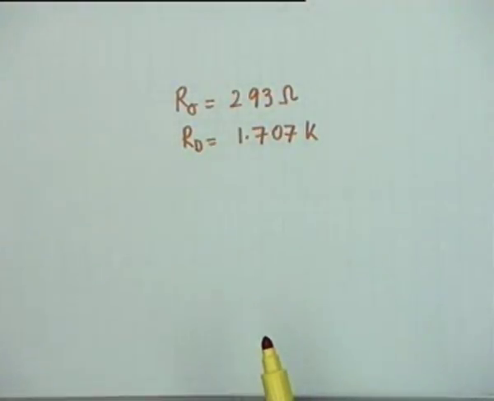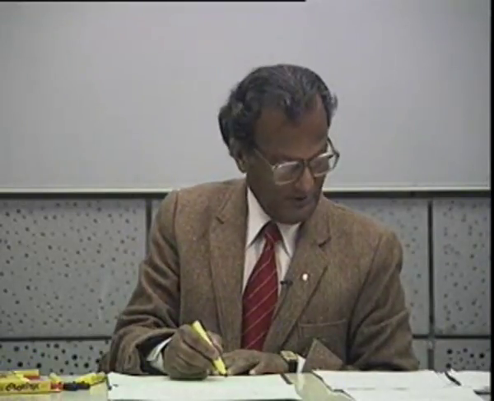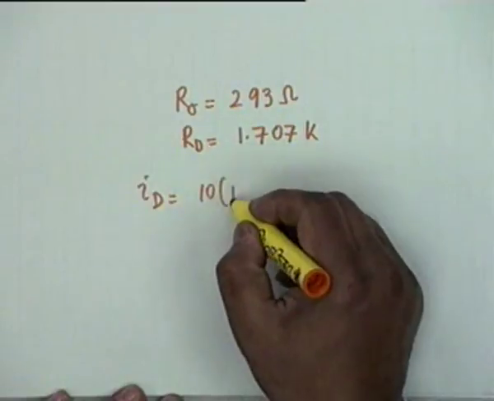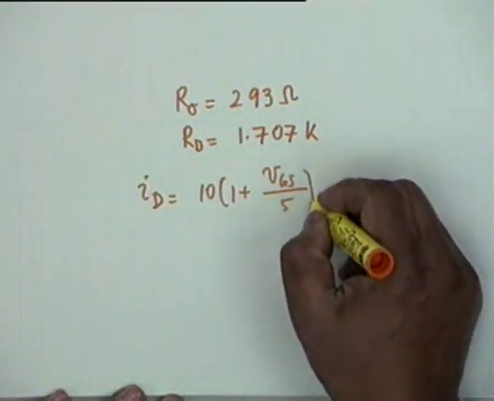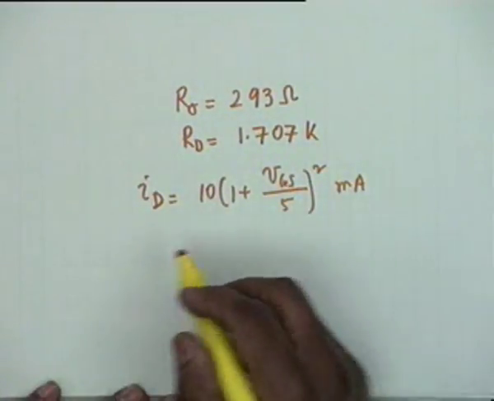Now the later part of the question says, illustrate your answer by sketching a load line on a set of ID versus VD characteristic. So we go back to this relationship, ID equal to 10 times (1 plus VGS divided by 5) whole squared milliampere. And we draw a set of characteristics.